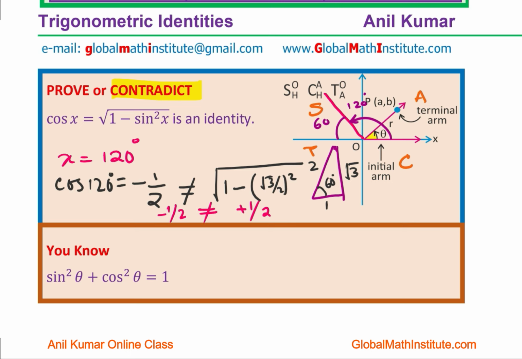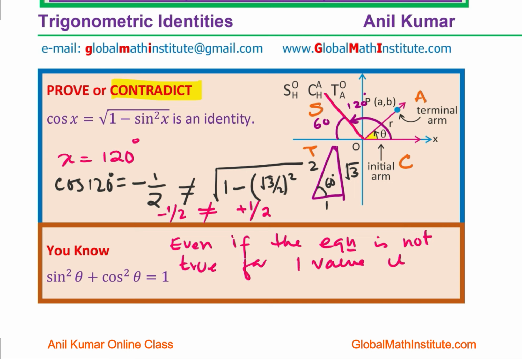Therefore, we have contradicted this statement with just one example. So contradiction is a very, very powerful way of showing that this is not an identity. Perfect. So even if the equation is not true for one value, it is not an identity.